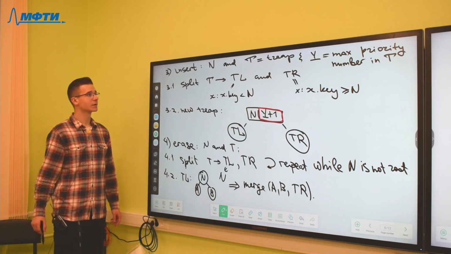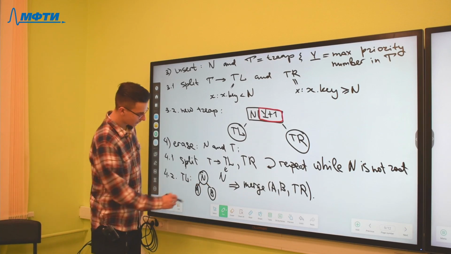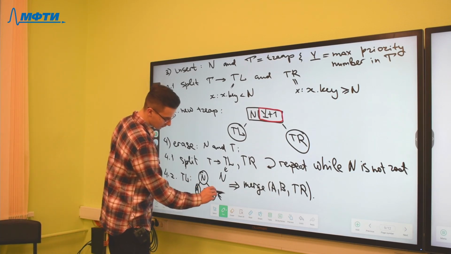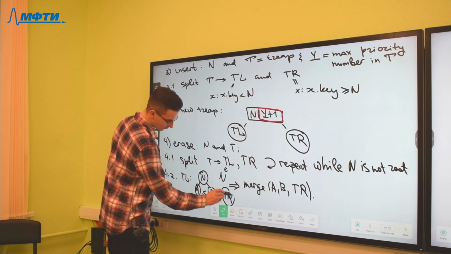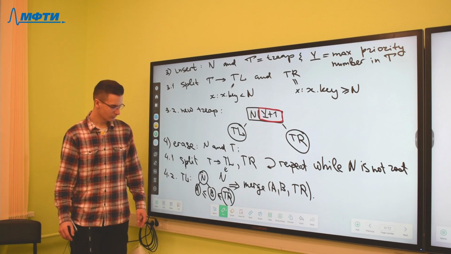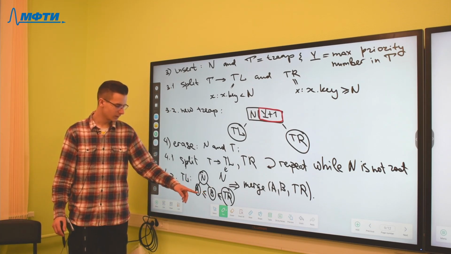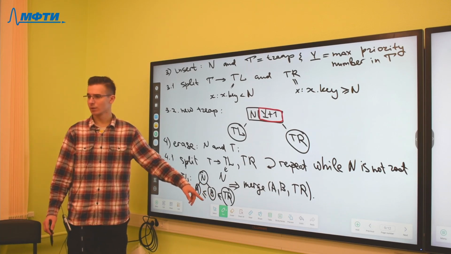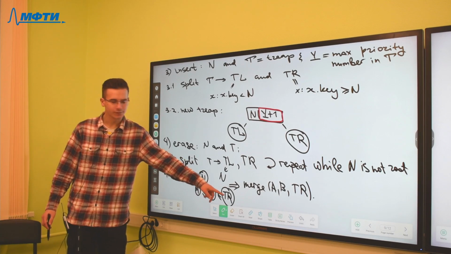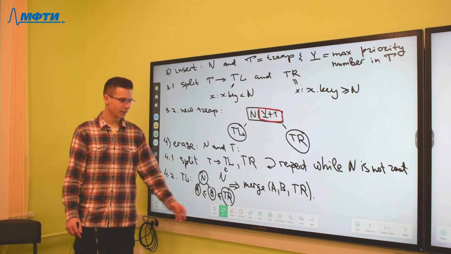You see that the keys in these treaps in A will be less or equal to B, in B less or equal to TR. So we can merge them.